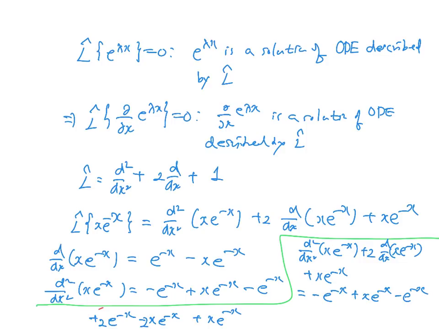Let's check. This cancels, 2 cancels each other, right? So this is 0.